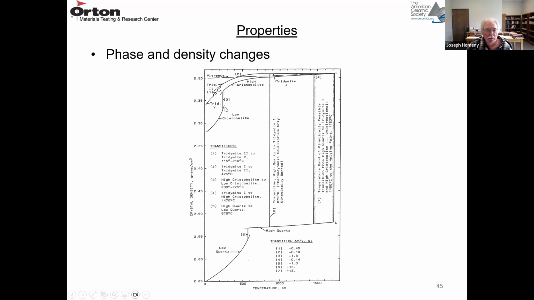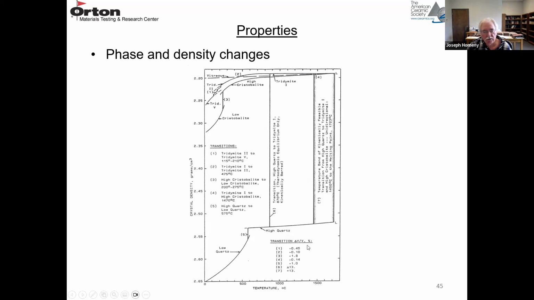So cristobalite has the transformation right here, alpha to beta cristobalite, much lower density, and then it tends to level off at high temperatures. And then the tridymite, alpha to beta 1 to beta 2 is right here, lower density, and then it tends to level off at higher temperatures. And we're looking at temperatures, I said 700, so that's right about here.